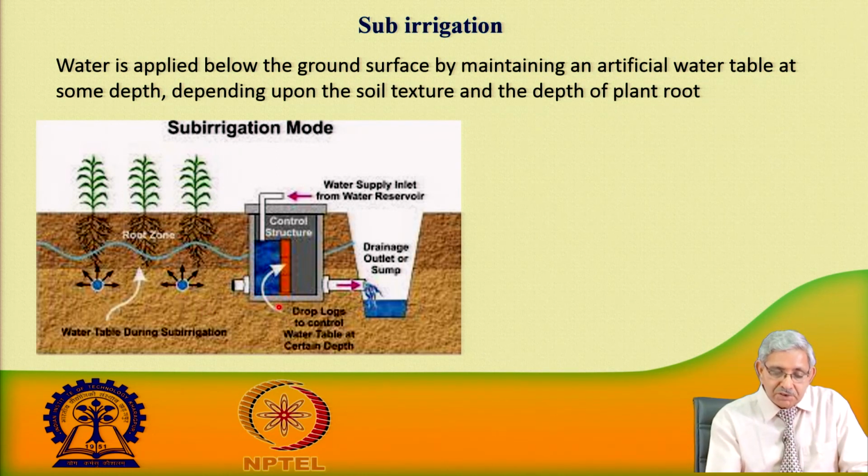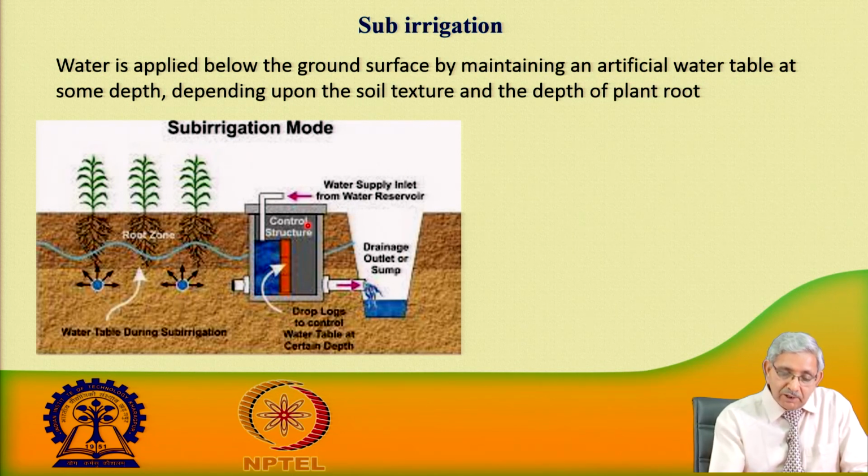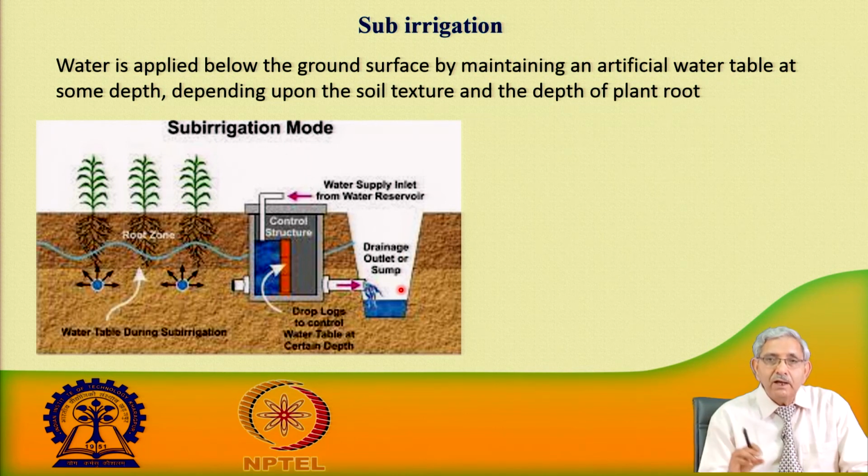There is an artificially made control structure, and when we want to raise the water table, with the help of the control structure, the water supply will cause the water table to rise. When the water table goes higher, we regulate the water supply and it goes out as drainage. So, supply as well as drainage is controlled artificially.